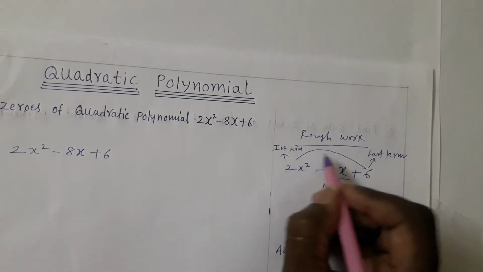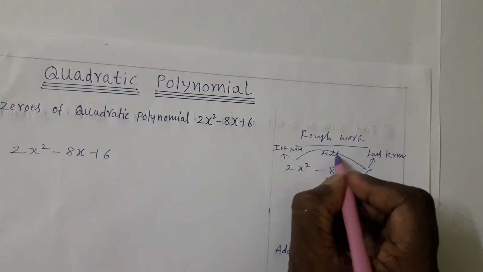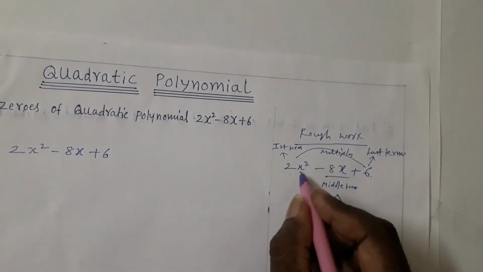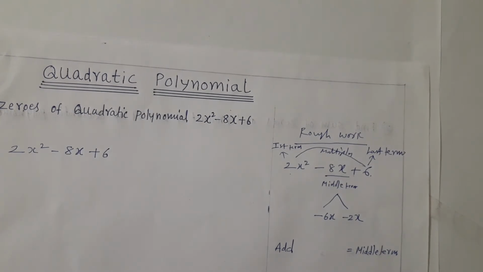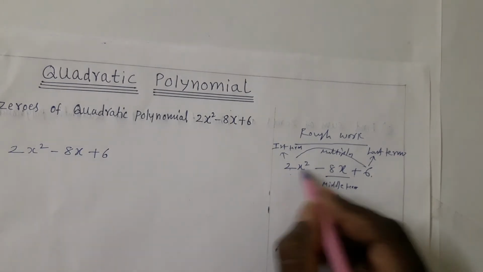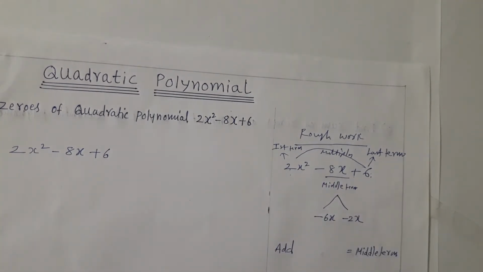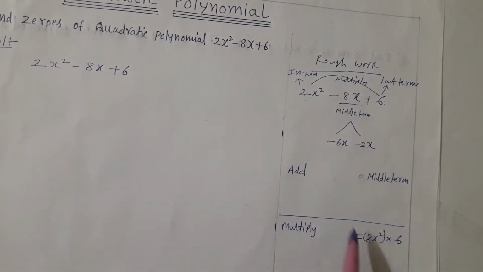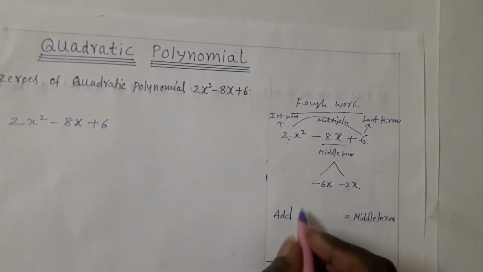Here we add these, that is equal to the middle term. If we multiply these, that is equal to the first term multiplied with the last term. Okay, now we can see here.